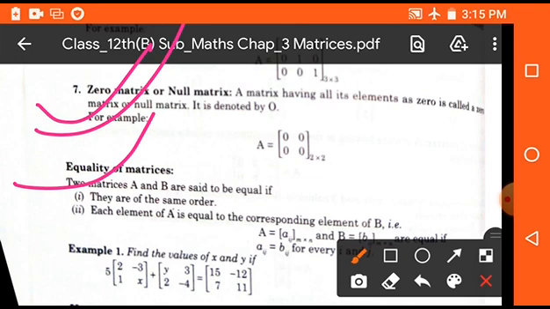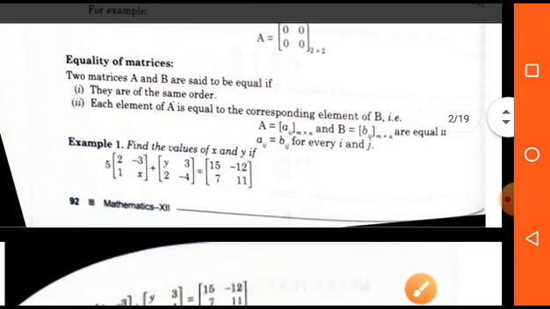If corresponding elements of any two matrices are equal, then we can say that they are equal matrices. That means all the elements which correspond to each other should be equal. In this case we can say that this is equality of matrices. On this concept we will solve one example here.